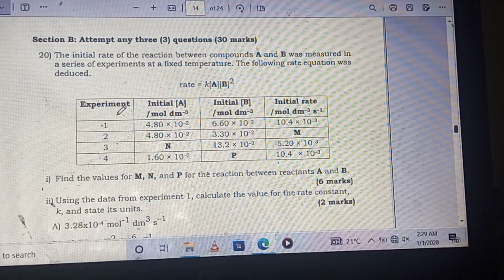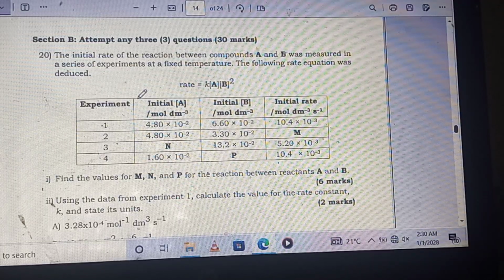We have experiments 1, 2, 3, 4, with the initial concentration of A, concentration of B, and initial rate. The rate law is: rate equals the rate constant times concentration of A times concentration of B squared.